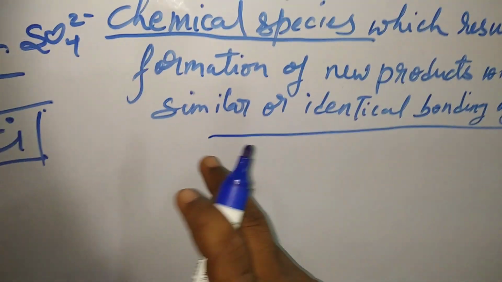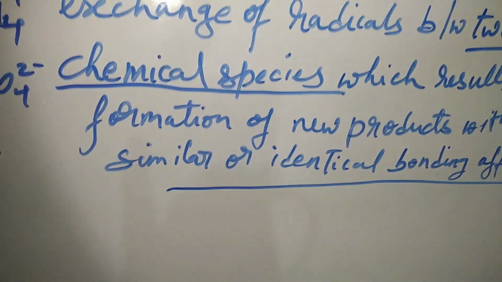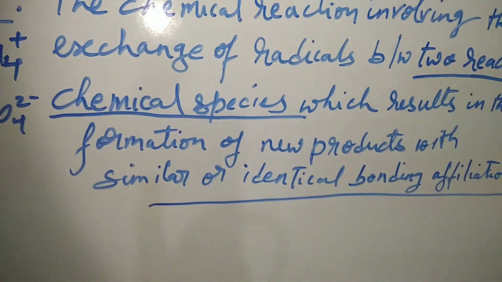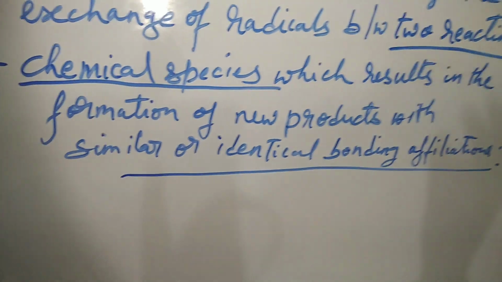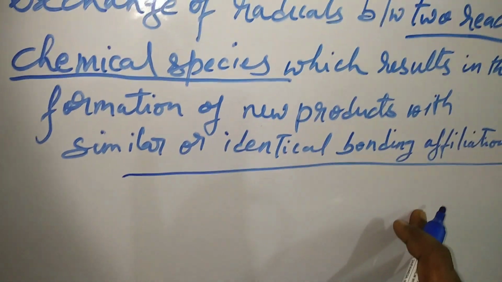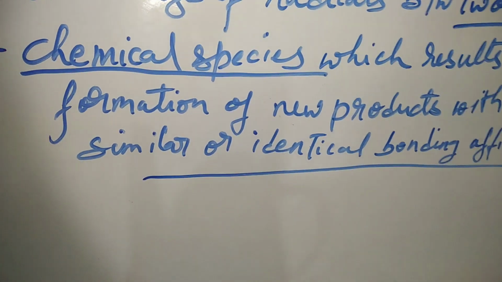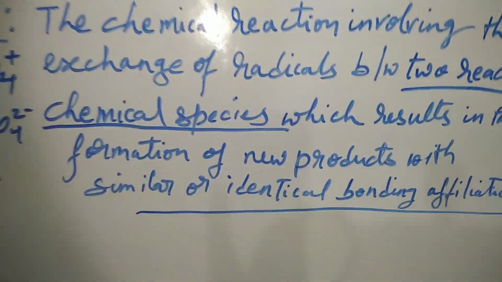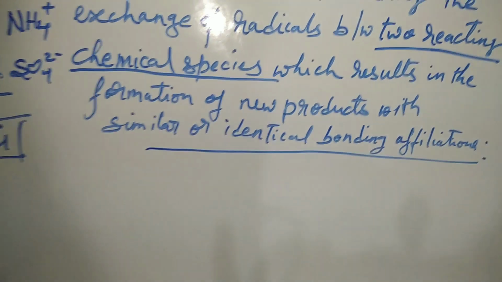Means the bonds of the chemical species on the reactant side can have the same chemical bonding on the product side, or identical bonding can also be present. That means the chemical bonding on the product side is not similar to the reactant side. That's why identical bonding affiliations. Okay students, now let's see the general equation.